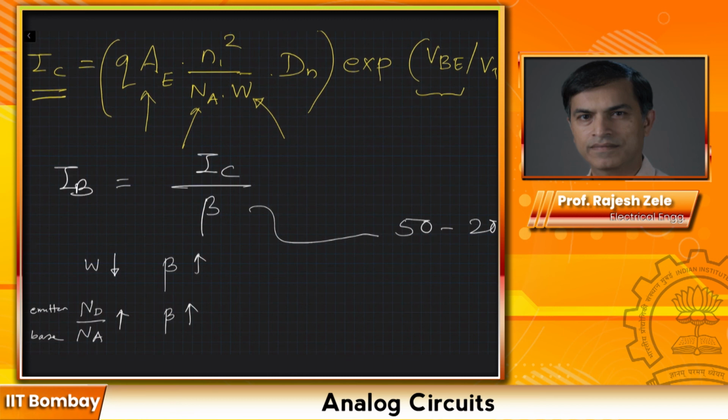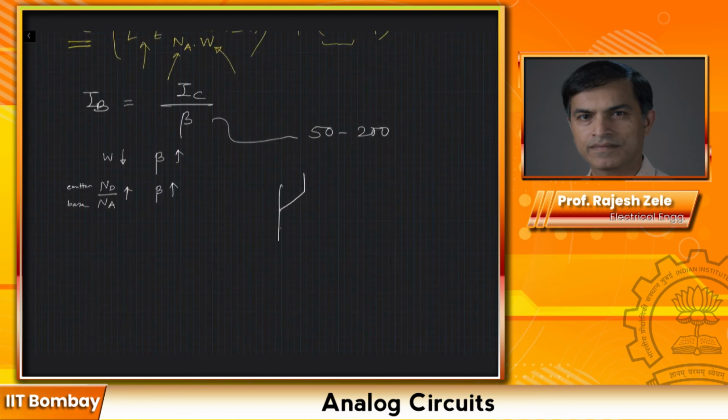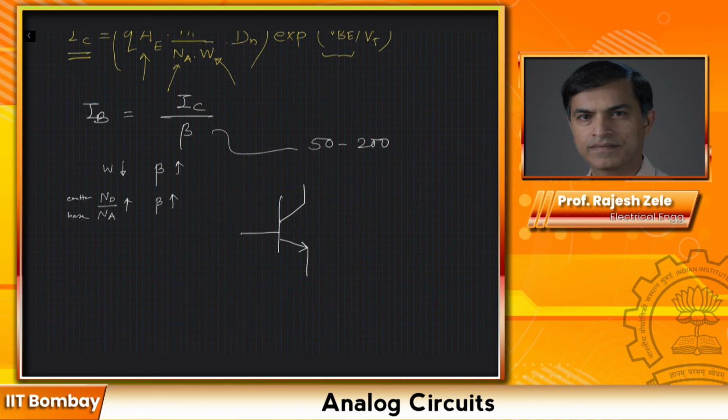What about emitter current? So we have looked at this. Now when we are drawing it this way, it should be obvious. We know what collector current IC is, and we know what base current is. Base current is given by IC divided by beta. So the emitter current, by Kirchhoff's current law, is going to be IC plus IB.